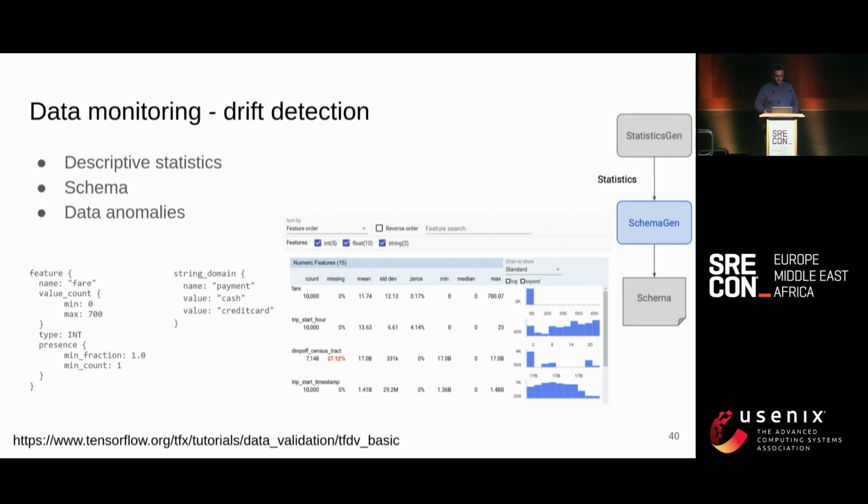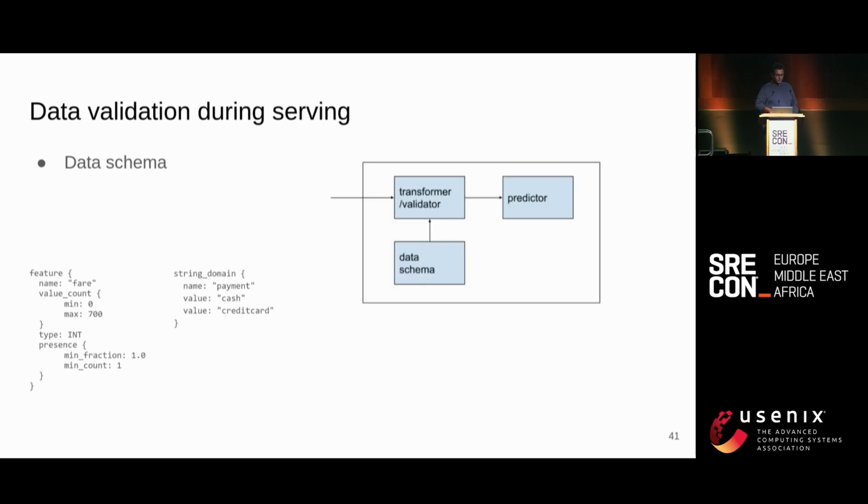The TensorFlow Data Validation service is an excellent component that can offer this to us. Why I added this component is because the data schema itself can also be reused by us, by SREs, in the transformer to validate the inputs as they are coming.